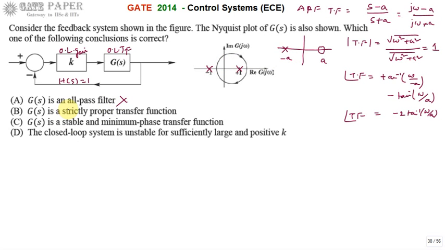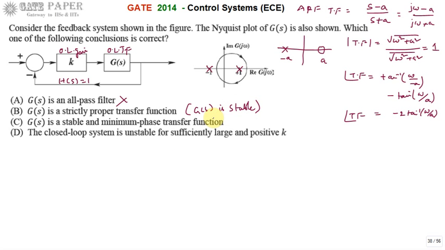Next, come to G of S being a strictly proper transfer function. Generally, an open loop transfer function is going to be stable or unstable. Even though the open loop transfer function is unstable, we can make the closed loop system stable.